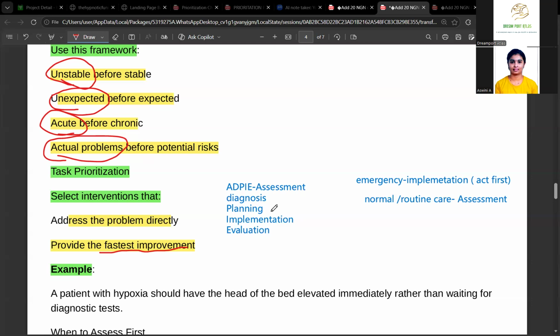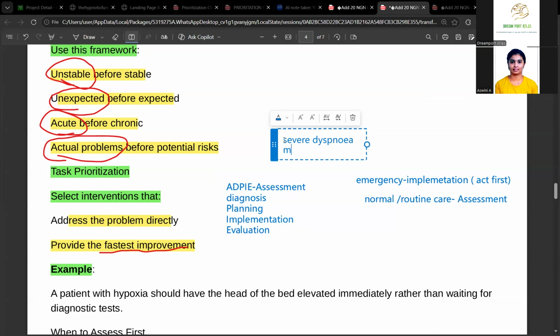For example, the patient has mild chest pain, the patient is having dyspnea, and the patient is not able to walk. Three options are there, and which is your highest priority? I will give it again. The client is having severe dyspnea.